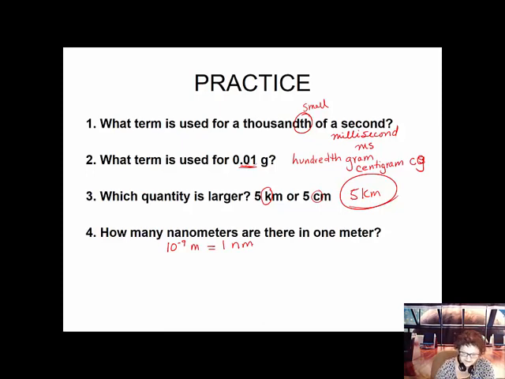But the question is asking how many nanometers are there in 1 meter? It's easy. There are 10 to the 9 nanometers in 1 meter. That work? All right, if you need to go back and brush up on that a little bit, that's fine.